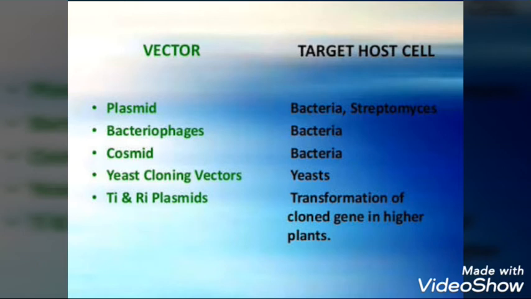The plasmid is used in bacteria and Streptomyces. The bacteriophage is a virus vector, and the target host cell is a bacterium. The cosmid, the cos site vector, also has a bacterium as the target host cell.